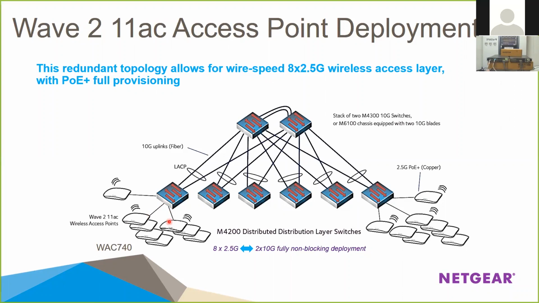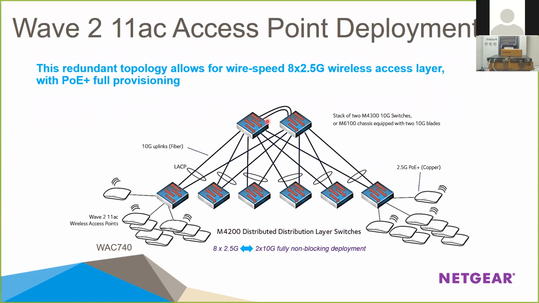We know that everything is full duplex with bidirectional traffic, but just one way, for instance egress, 8 times 2.5 means 20 gigabit per second of unidirectional throughput. That's the reason why every 8 switch ports we will have 2 10 gig uplinks going in aggregation to the core, so that 8 times 2.5 gig access points will be totally line rate with the core and the rest of the network. So that's how we want to deploy those access points.